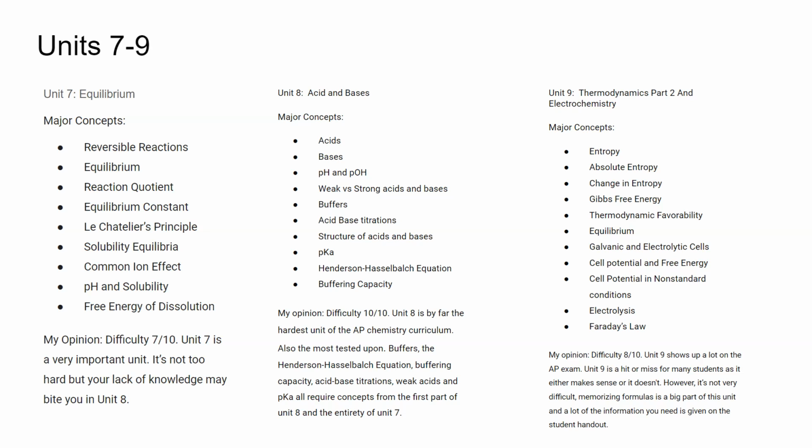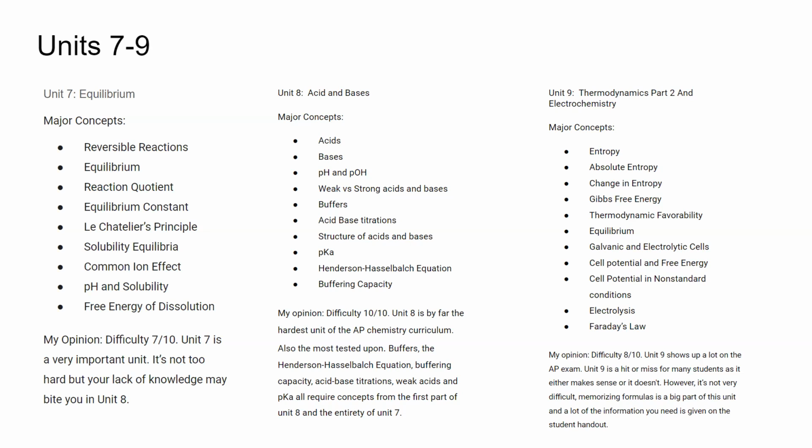It has to do with entropy, absolute entropy, the change in entropy, Gibbs free energy, thermodynamic favorability, equilibrium, which ties back into Unit 7, galvanic and electrolytic cells, cell potential, free energy, cell potential in non-standard conditions, electrolysis, and Faraday's law. Many of the electrochemistry concepts require thermodynamics, especially the earlier part of Unit 9.